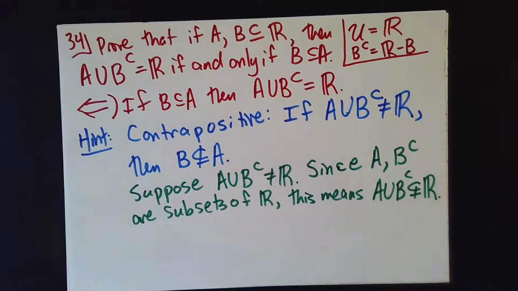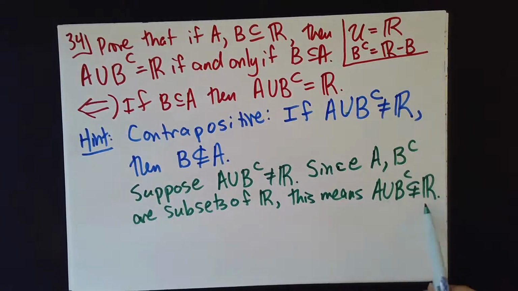And so being a proper subset tells me something. Namely, it tells me there's an element x in R that is not in A union B complement.